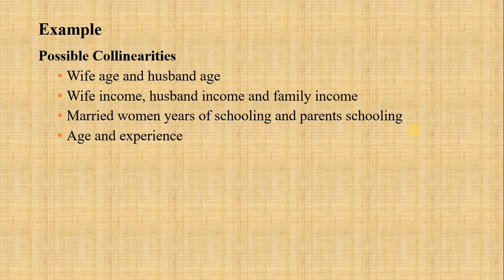Then the married woman's years of schooling and parents' schooling will be related, and similarly age and experience. So in this kind of regression, many variables seem to be highly correlated. Let us see how this is.